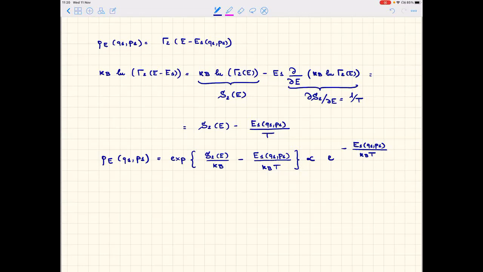Now, I could see this as a density, or I could interpret it as the probability, the probability density in phase space of observing a system in the neighborhood close to q1 and dp1.